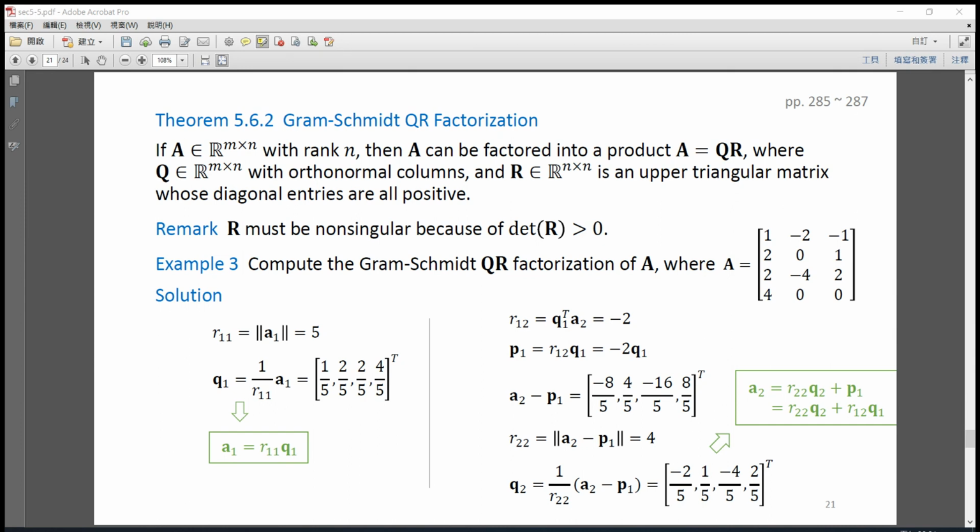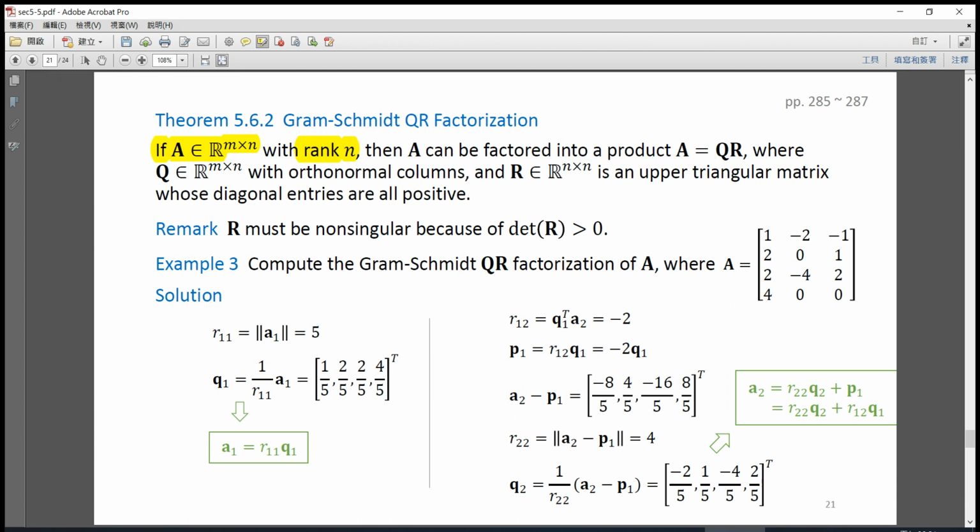Next, we introduce Theorem 5.6.2. If A is of dimension m times n, and suppose A has rank n, then the column vectors of A are linearly independent, or we can say A has full column rank.